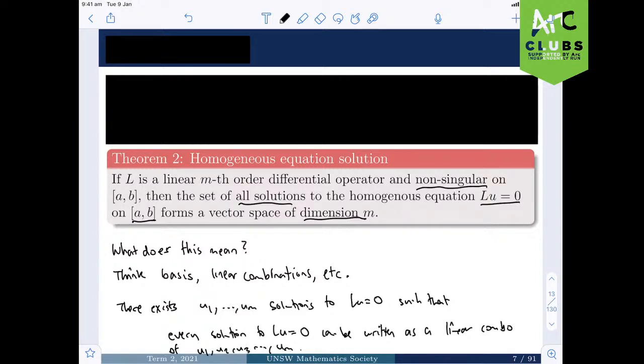So every single solution is a linear combination of the solutions u1 to um. That's for homogeneous equations, Lu equals 0, and non-singular. Gotta remember that. Okay.